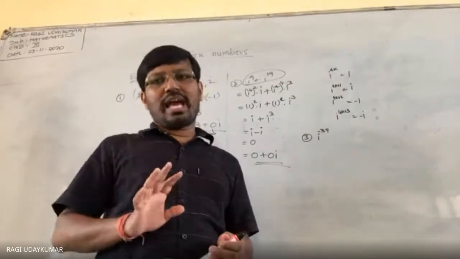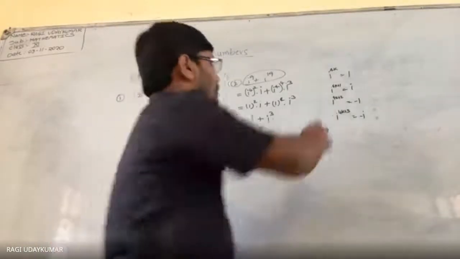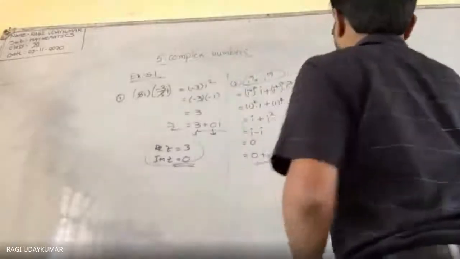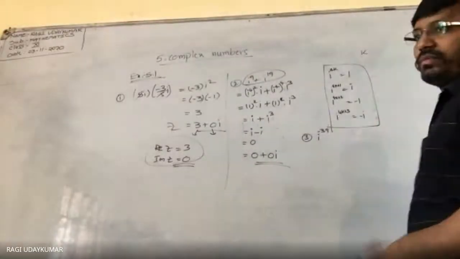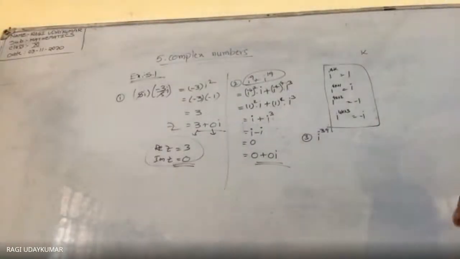Multiple of 4 if you are having. See here, K is any integer. Here K is any integer. In what form you are having this number?